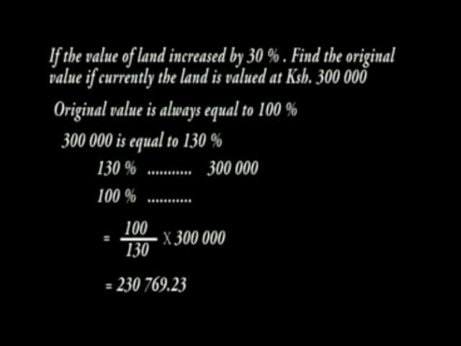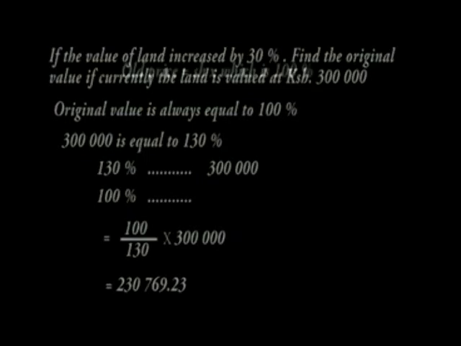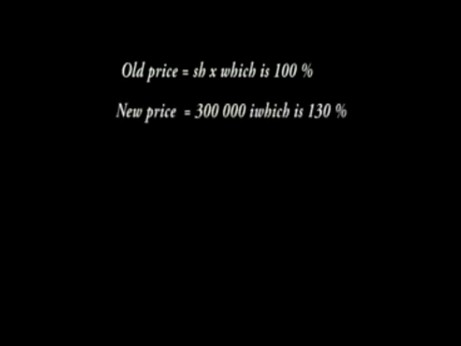Alternatively, we can use the proportion method. That is, old price is equal to X shillings, which is 100%. New price is 300,000, which is 130%. Therefore, X is to 300,000 as 100 is to 130.